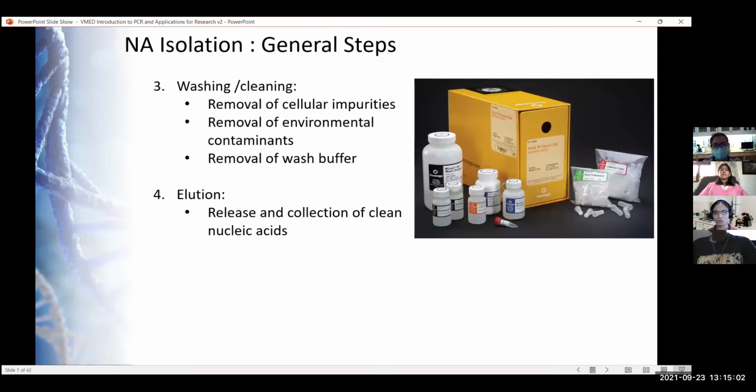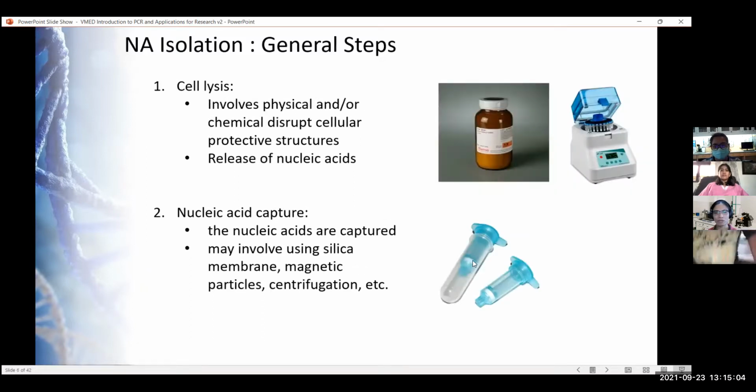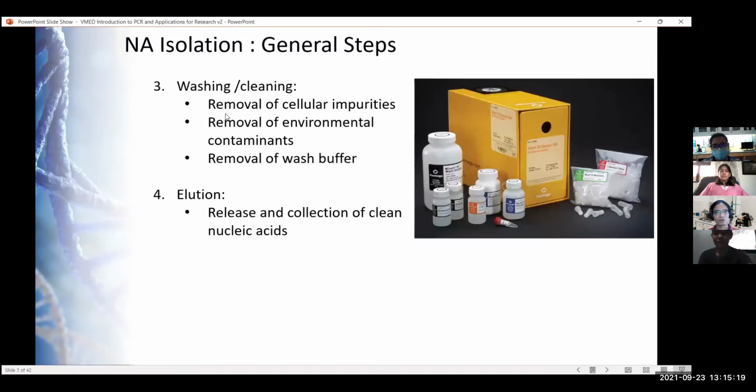Usually this is done by dropping water or water-based buffer because DNA and RNA are soluble in water. So usually you drop that buffer or water here, then you centrifuge, then you get the pure DNA or pure RNA. So those are the 4 general steps for a lot of nucleic acid isolation procedures.